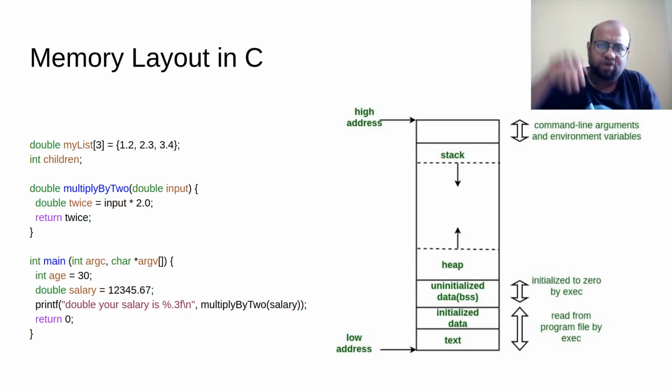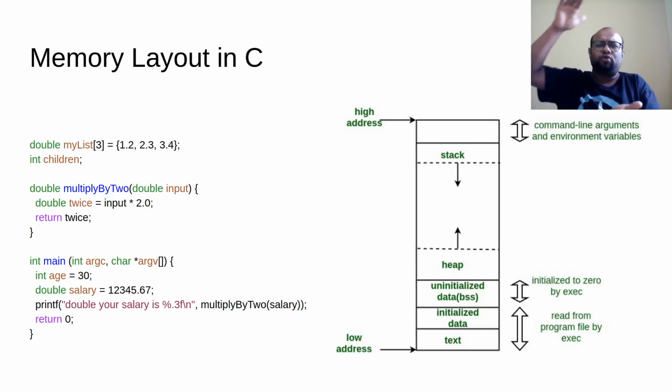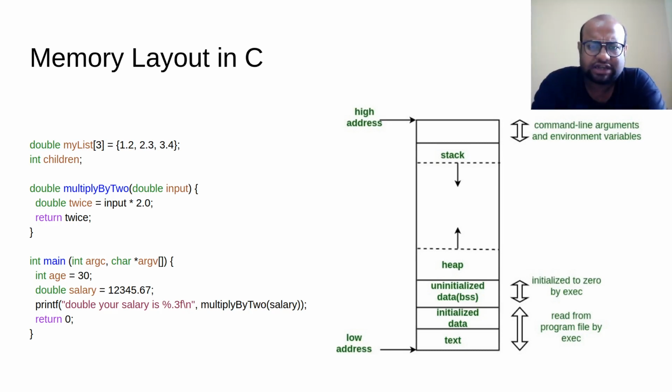The more functions I call, the deeper into the function calls I go, the more memory will be allocated to the stack, and the more I return back, the more my stack is going to shrink. So that is what is happening with stack.